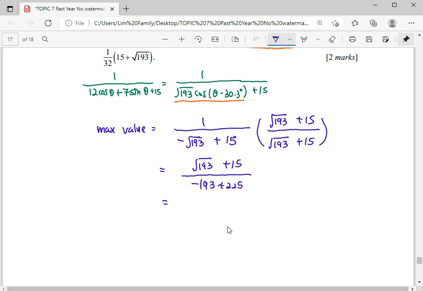So finally, we can take out this fraction, which is 1 over 32, and then here will be our 15 plus square root 193. So just 2 marks. The first mark is you see your conjugate, and then get to prove the answer.